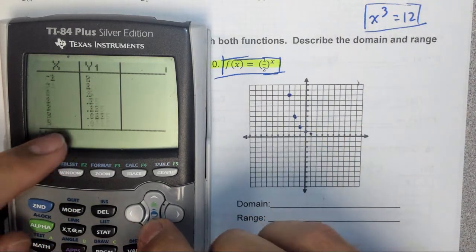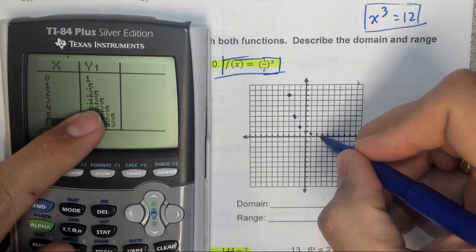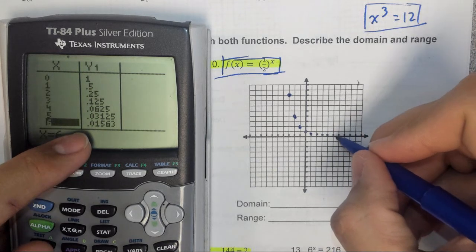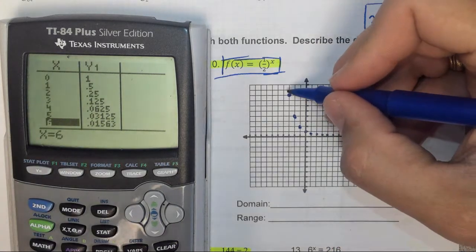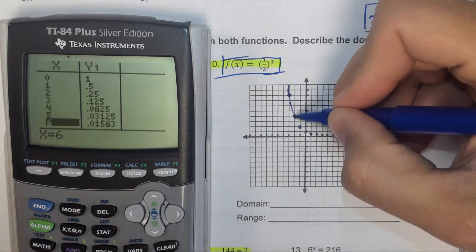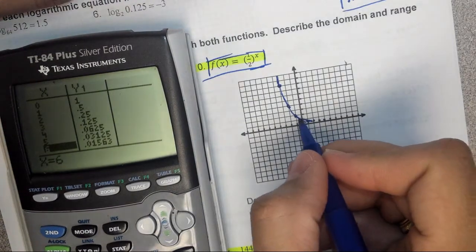Let's go down a little bit. 1/2, 1/4, 1/8, 1/16, and it just gets smaller and smaller and smaller. So what this one looks like is a curve like that.